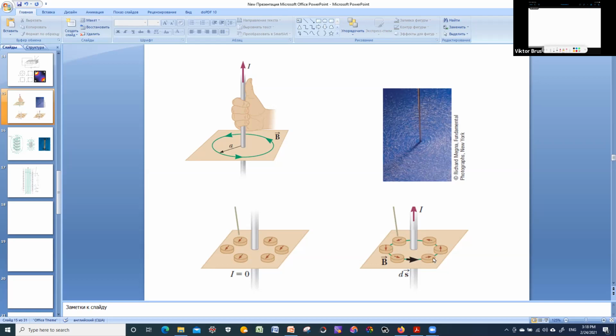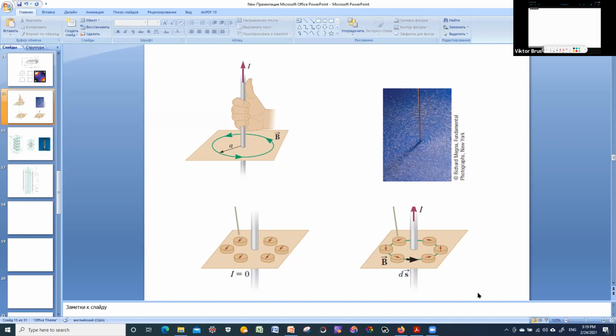We have this magnetic field around it, and our purpose now is to calculate the linear integral along this closed loop of the scalar product of the magnetic vector and ds vector.